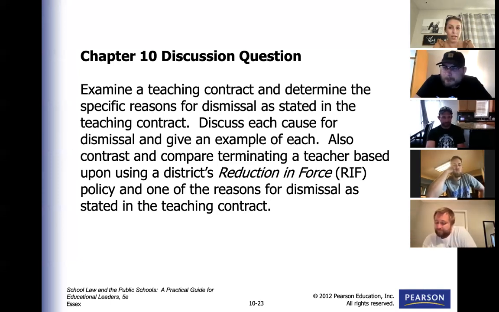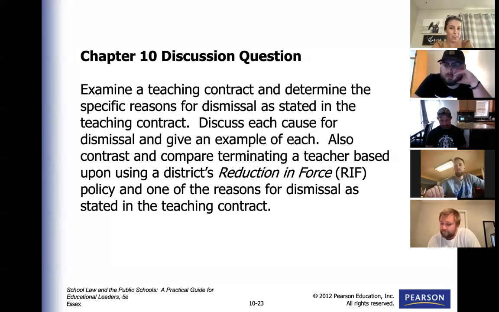I don't know about any of your contracts, but in Lexington's, there's insubordination and immorality. Those are what we talked about in the chapter overview.